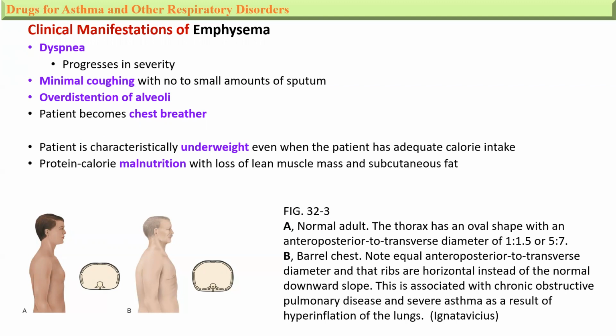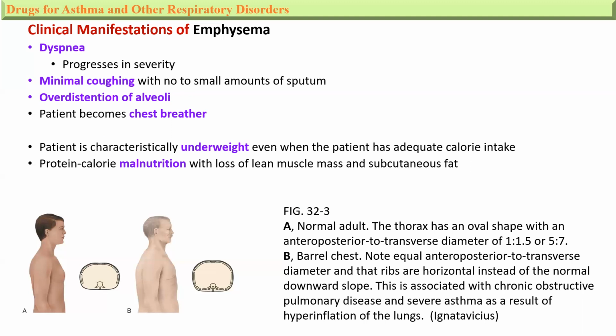Minimal coughing with a small amount of sputum. Overdistension of alveoli will cause the diaphragm to flatten and the AP diameter, anterior posterior diameter, to increase. So patients become chest breathers, relying completely on their accessory muscles for respiration.